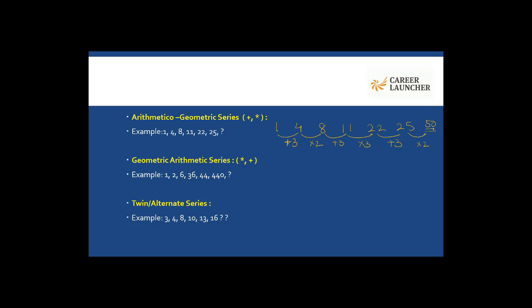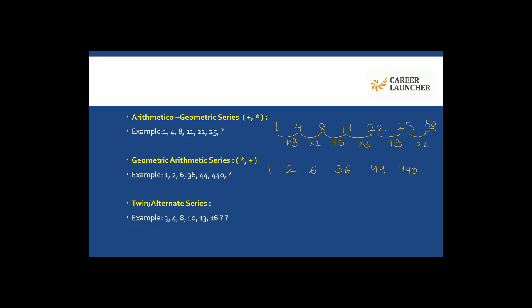Then there are geometric arithmetic series. That means first we would have multiplication and then we would have addition. The example that we have taken here is 1, 2, 6, 36, 44, 440.